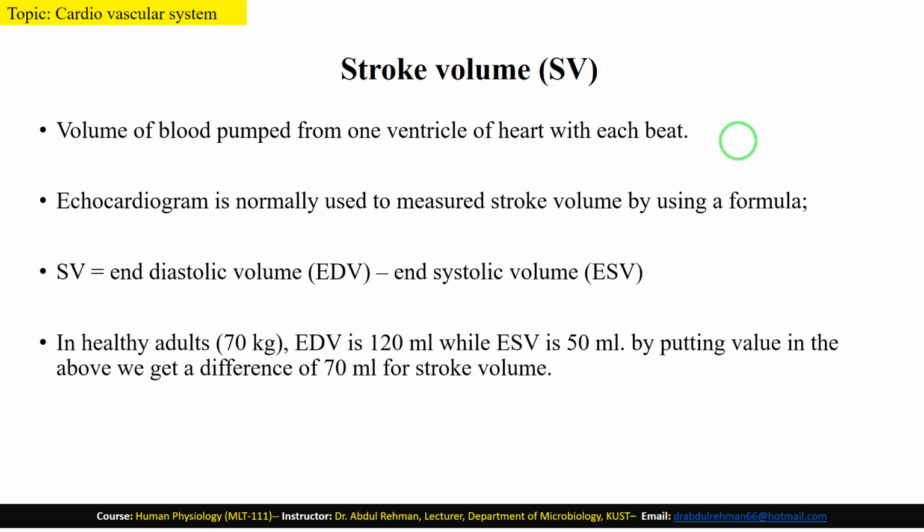In healthy adults weighing 70 kg, the end diastolic volume is 120 ml, while end systolic volume is 50 ml. So by putting these values into the above formula, we get a difference of 70 ml for stroke volume. This is the normal stroke volume of the heart.